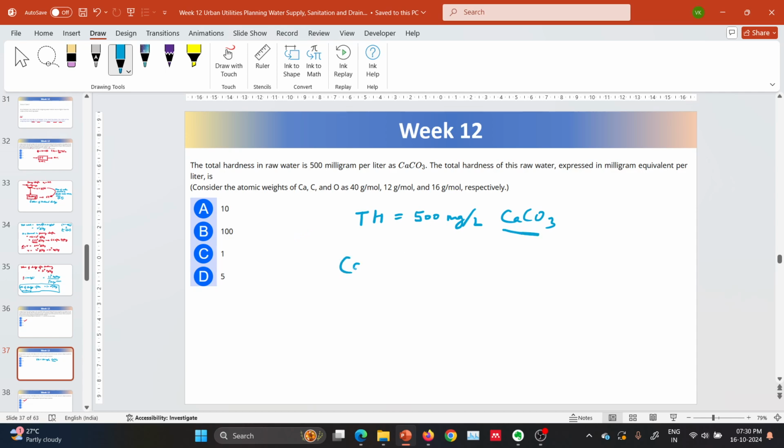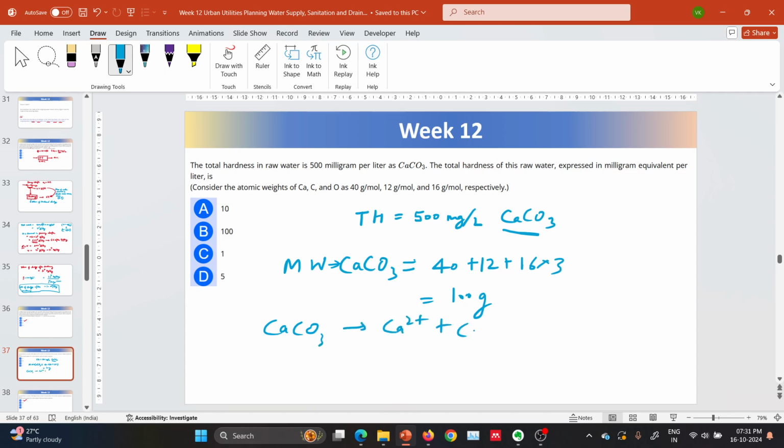It is in the form of CaCO3, so first we'll calculate the molecular weight of CaCO3. That is 40 plus carbon 12, and oxygen 16 into 3. We solve it and get 100 grams. CaCO3 gives Ca 2 plus and CO3 2 minus, so its valency is 2.